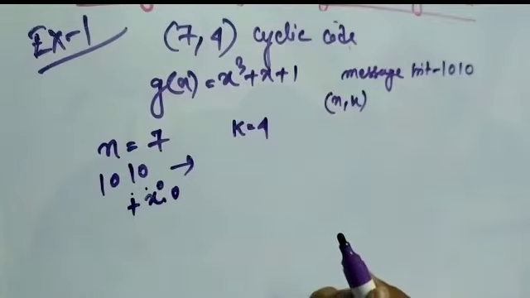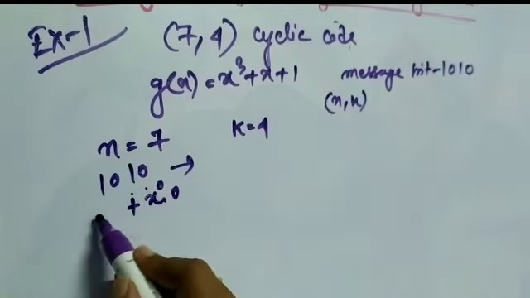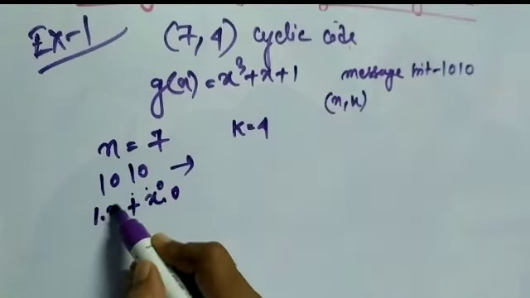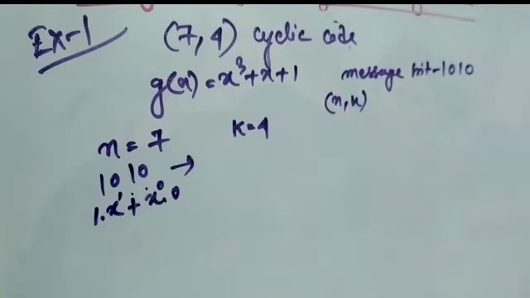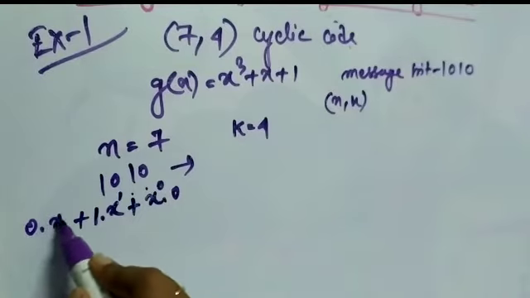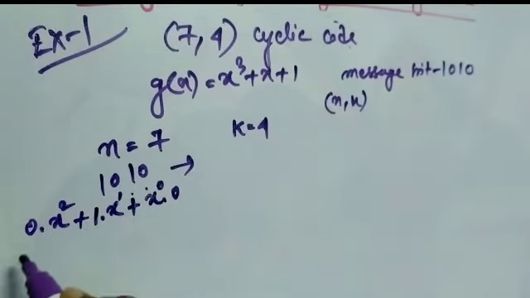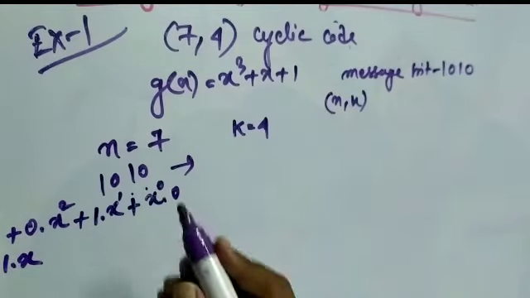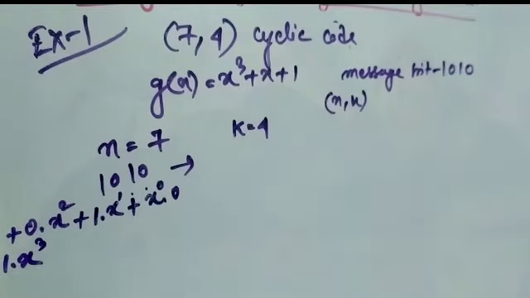Then we put an addition. The next term, that is 1, is multiplied with x to the power 1. Then again this 0 is multiplied with x to the power 2, and lastly this 1 is multiplied with x to the power 3.